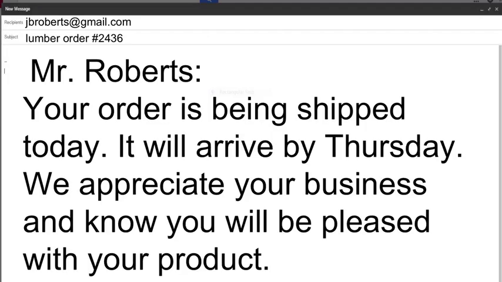Let's look at another example taken from an email this time. "Mr. Roberts, your order is being shipped today. It will arrive to your offices by Thursday. We appreciate your business and know you will be pleased with your product." Both these message examples have positive or neutral intentions.